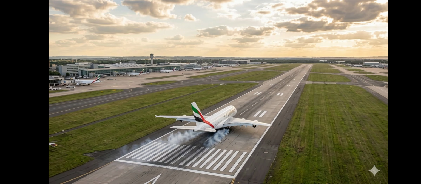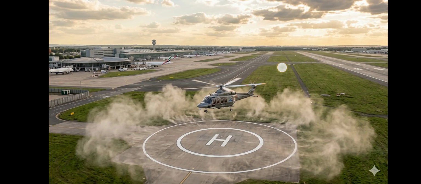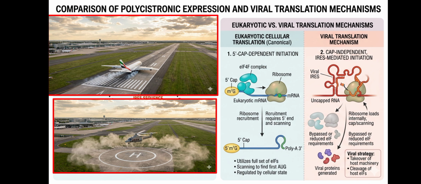In natural translation, you can see that a small subunit is scanning like an aeroplane on a large runway, isn't it? And with IRES, it is like a helicopter that just lands on a specific place. So here you can see the comparison of natural translation and the viral mechanism for translation.